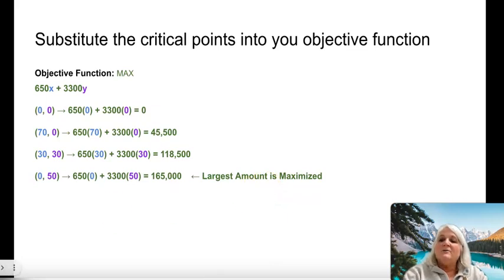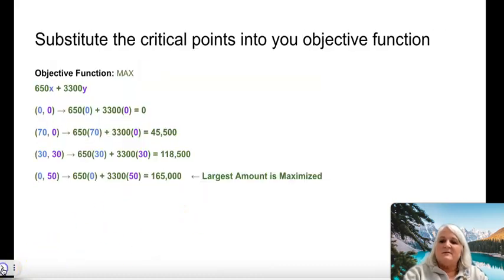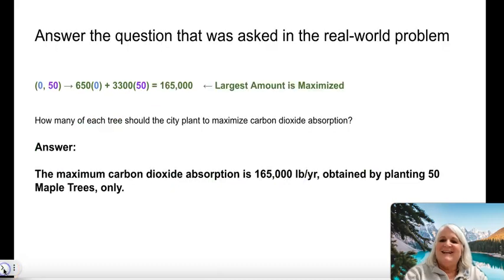Now I go to my conclusion. Backtracked, sorry. Answer the question that was asked in the real world problem. So this is what I got mathematically for my solution, but that doesn't answer the question.